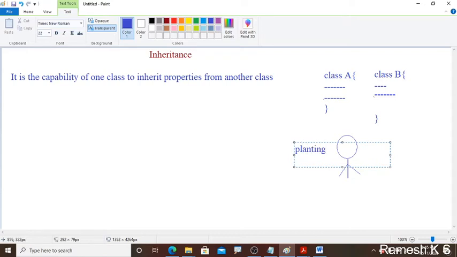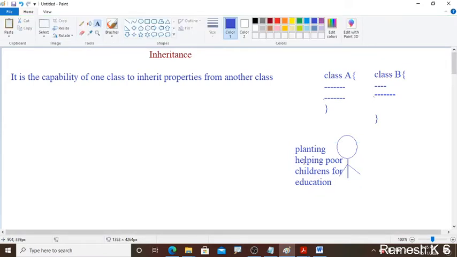Planting trees is a good habit, and helping poor children for education. These are the two properties of this person called Tom.